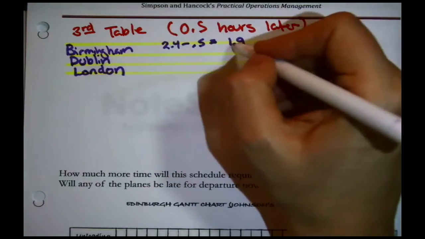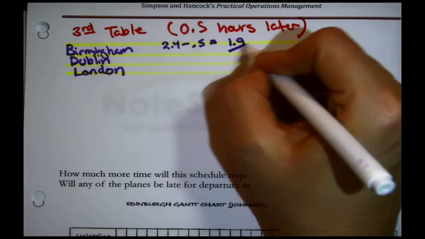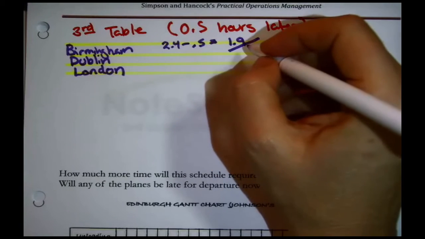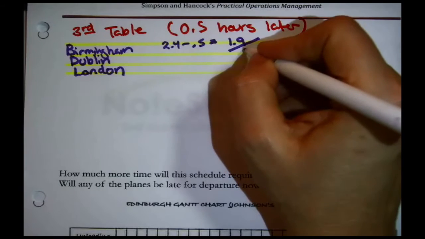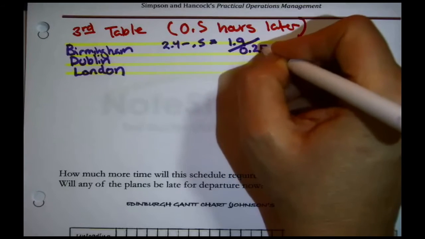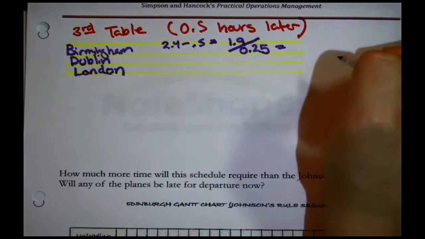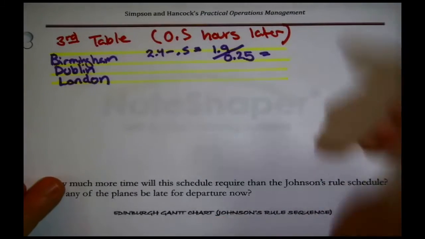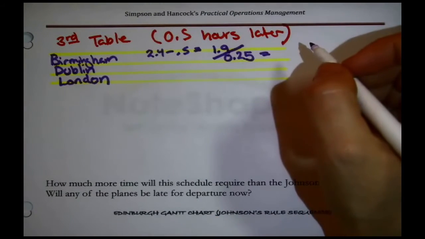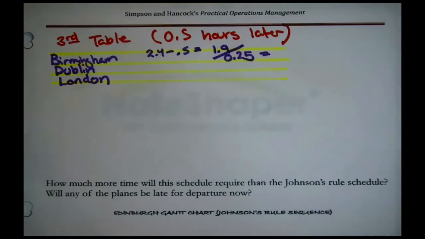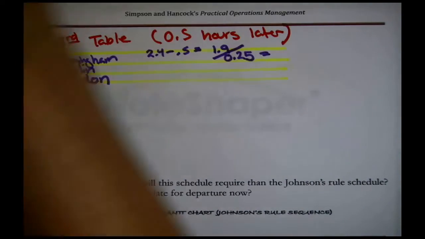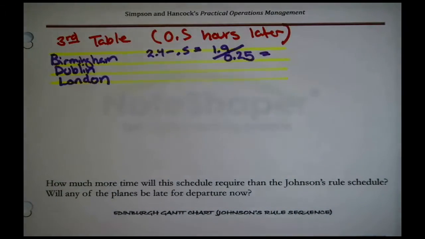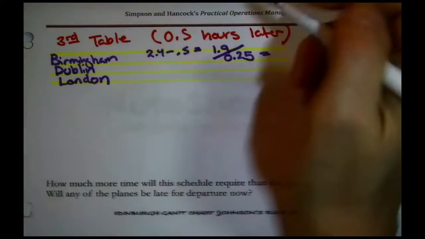We are down to 1.9 hours until that particular jet leaves. Its processing time, that part never changes. We haven't touched that jet, so it's still a total of 0.25 hours worth of processing. I did that math in my notes. What does the ratio value amount to now? Okay, 7.6.